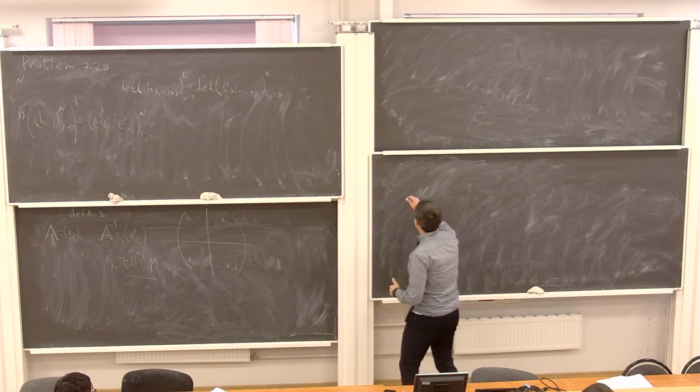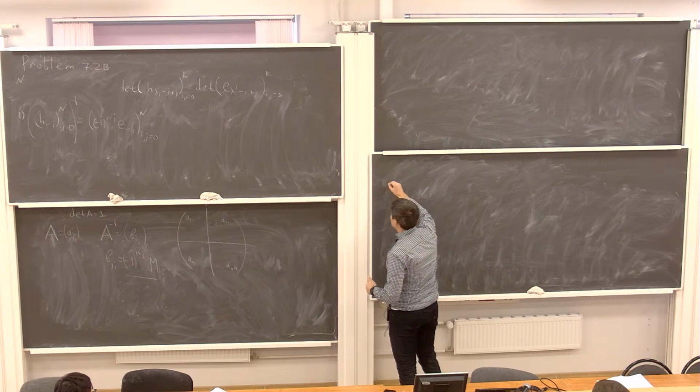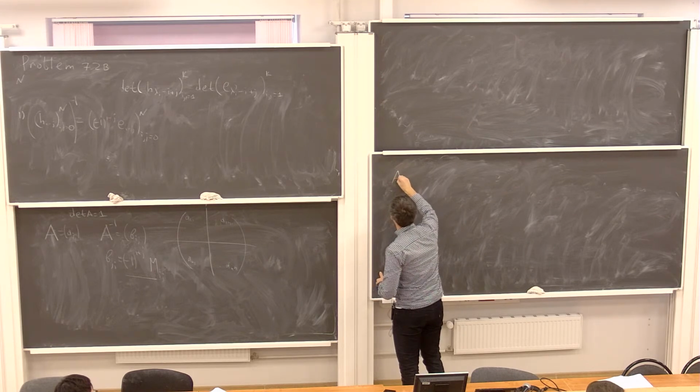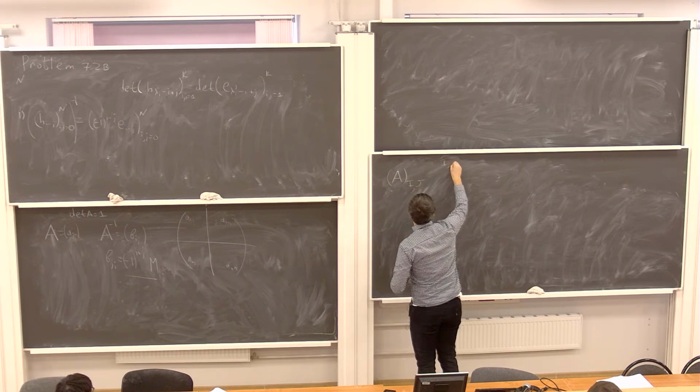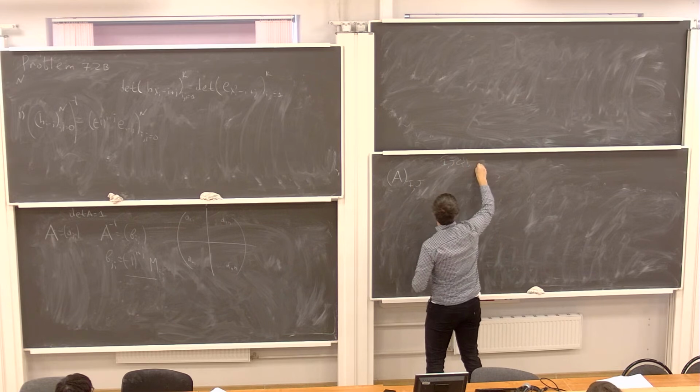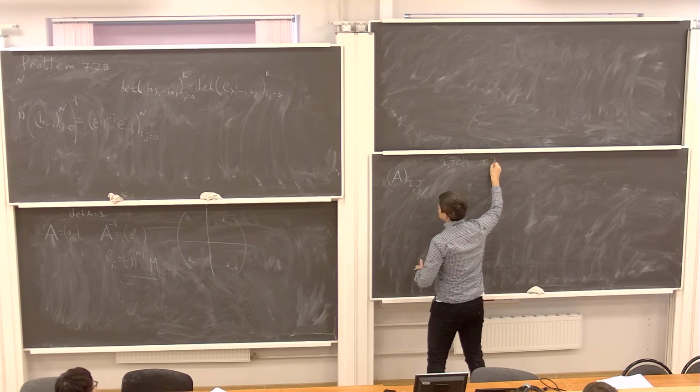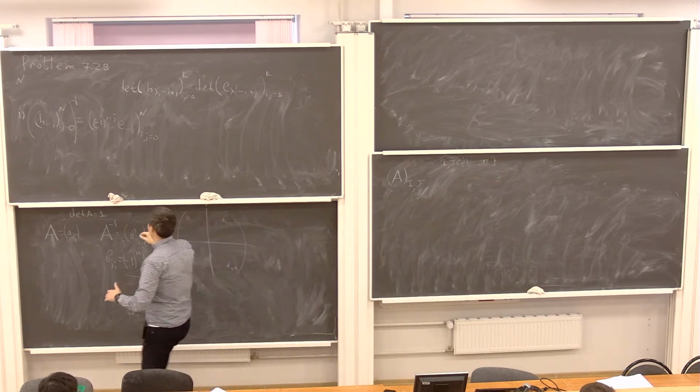So let's now fix any minor of A. Let's denote by A, I, J, I and J some subsets of 1 to n. It's like an independent statement here.